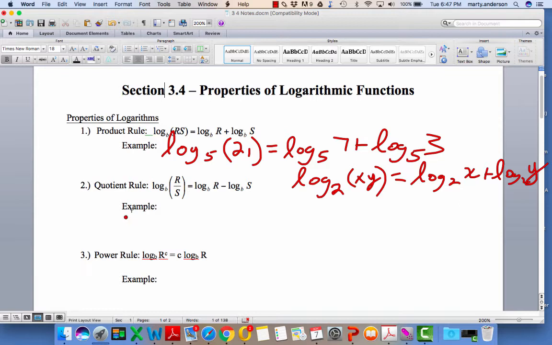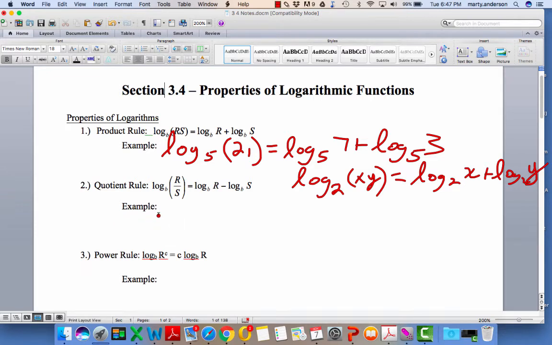Both are options. Quotient rule: if you have the log of something that is being divided, division turns into subtraction. So multiplication is associated with addition, and division is associated with subtraction.